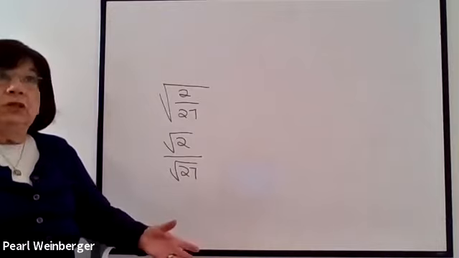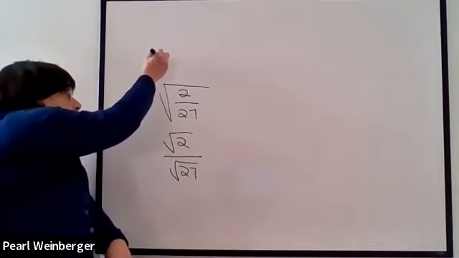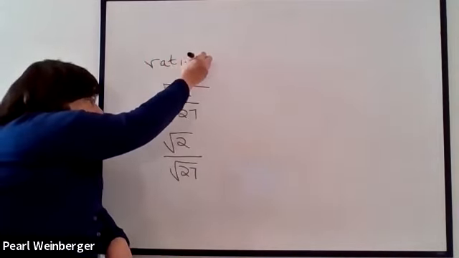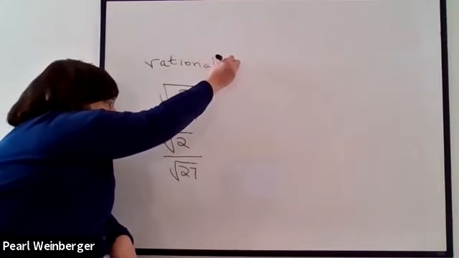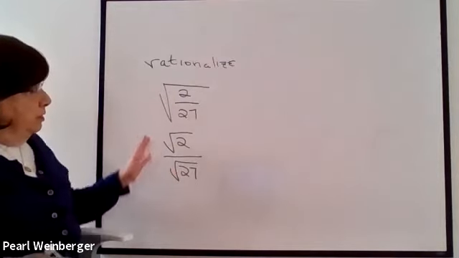So the question is, how do we do that? And we do it by a process that's called rationalizing the denominator. So the process we're learning now is called rationalizing the denominator.